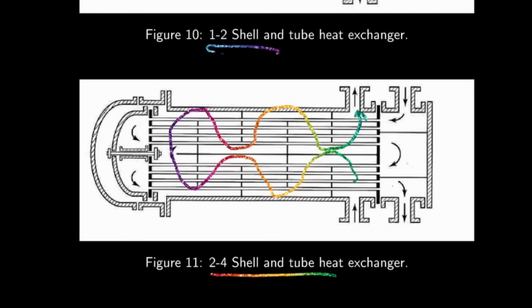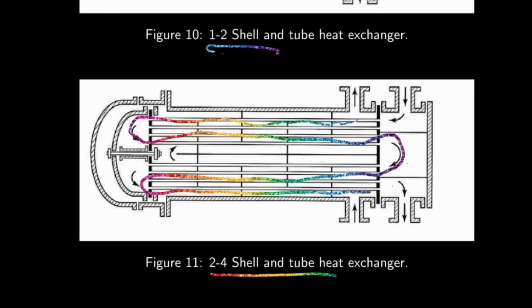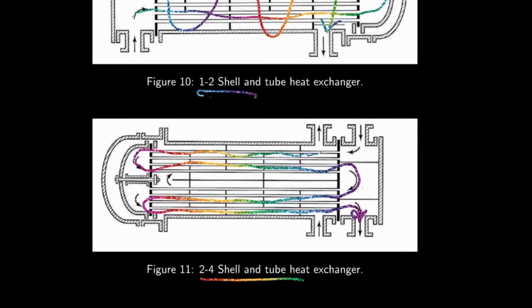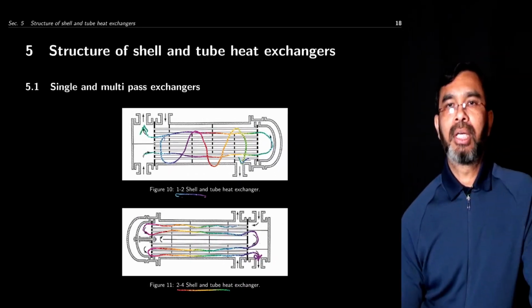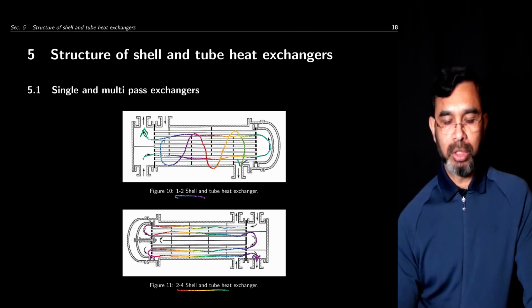On the other hand, for the tube side, we have the liquid coming in from here, completing 1 pass, 2 passes, 3 passes and 4 passes, and then going out. So this is a 2-4 heat exchanger, meaning 2 shell passes and 4 tube passes. And for the first one, it's a 1-2 heat exchanger, meaning 1 shell pass and 2 tube passes.